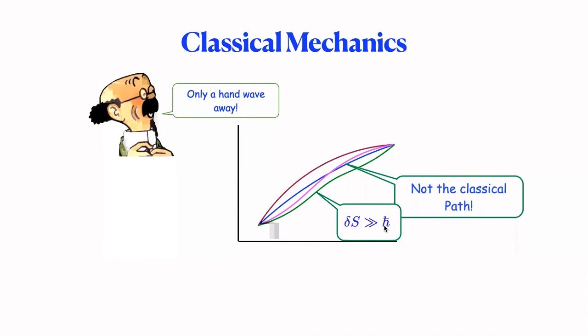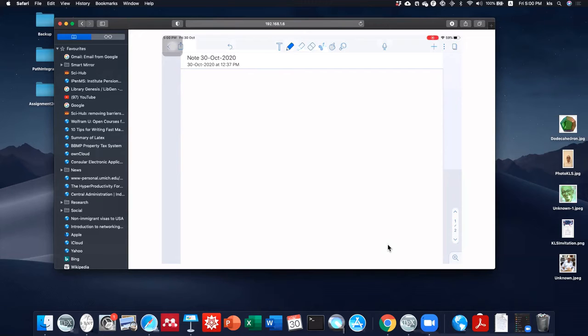Now this is a point where I need to write something down. Let me see whether I can manage to do that. Once again, this is my position along the vertical axis, and time along the horizontal axis. You think of this path, it has an action S. You think of another path which is like that, it has an action which is different, so S plus delta S is the action for that path.